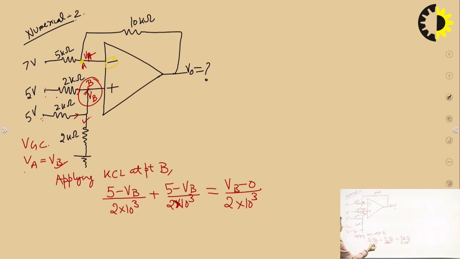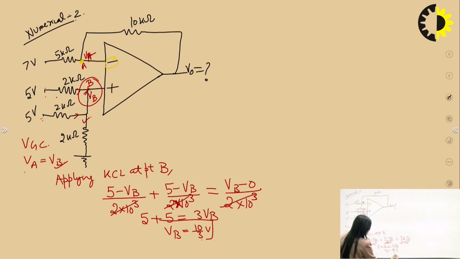And now all these 2 into 10 raised to the power 3 get cancelled, and 5 plus 5 is equal to 3 VB, and hence I can say that VB is equal to 10 by 3. So I have got the value of VB in the first step, that is VB is equal to 10 by 3 volts.